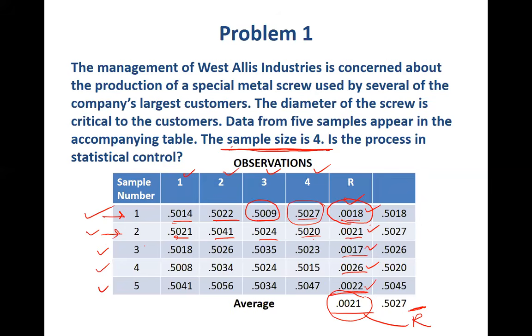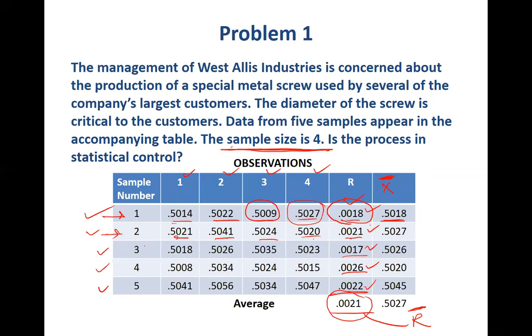The second thing we need is the X bar. I think it's missing here. It should be X bar here. So we need averages for all these samples. So for the first sample, we have these four values. So we take the average, which is 0.5018.